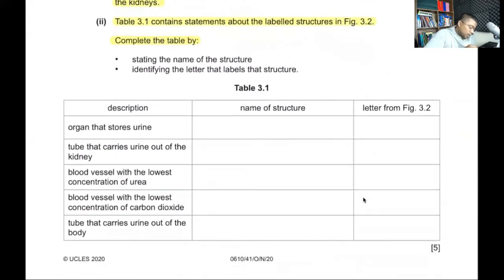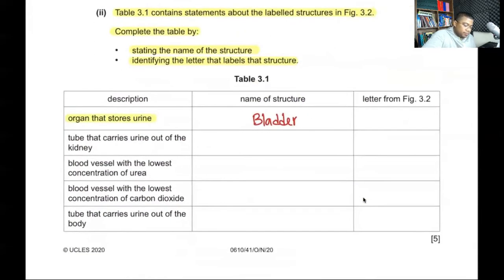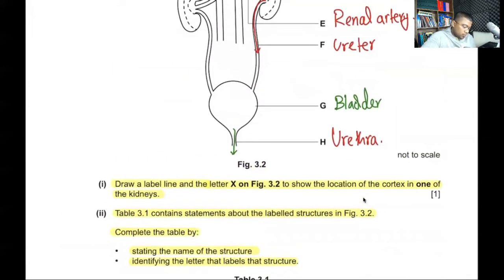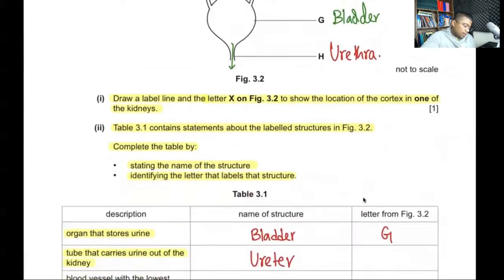Complete the table by stating the name of the structures, identifying the letters that label that structure. Organ that stores urine: bladder. Bladder is G. Tube that carries urine out of the kidney: ureter. Ureter is F.